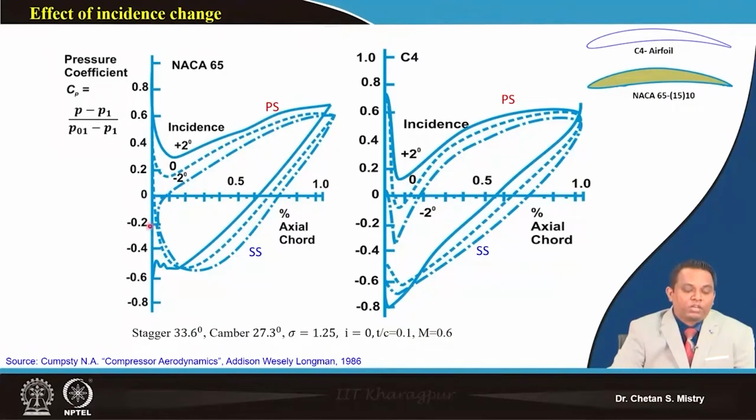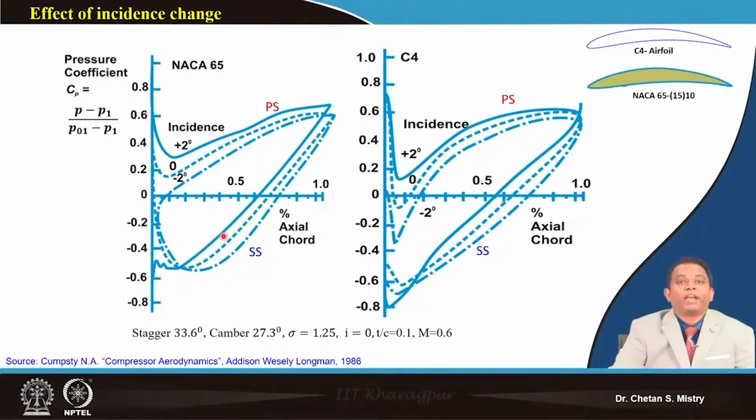Near the suction surface I have great acceleration, which continues up to maybe 20% of my chord, and later gives deceleration to my flow. Here, the area under this dotted curve represents the pressurizing capacity of this particular aerofoil at 0 incidence angle.